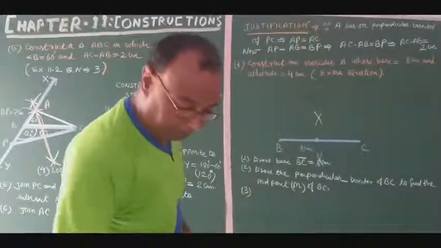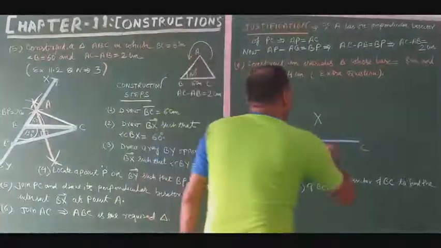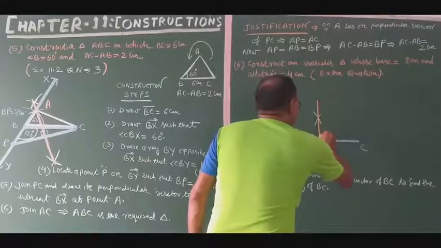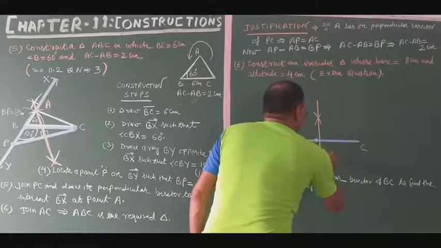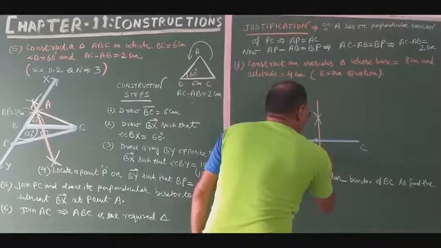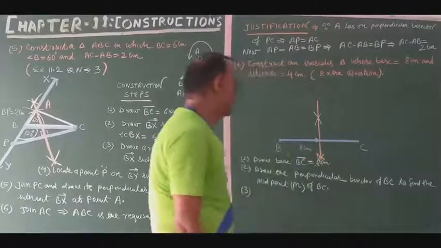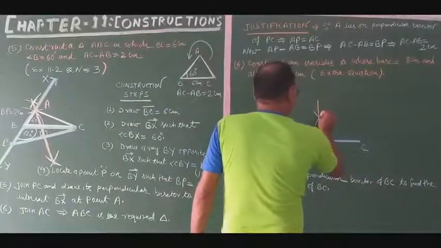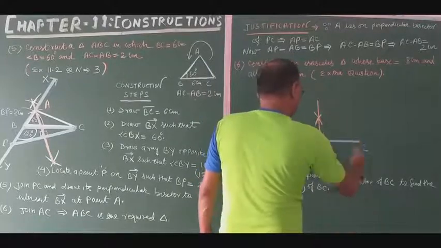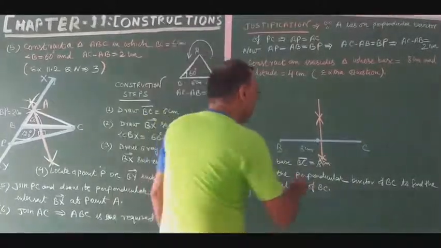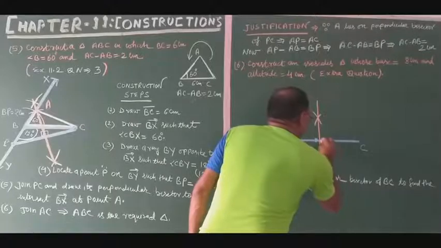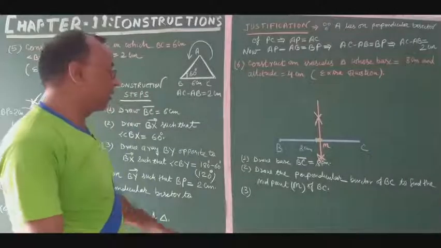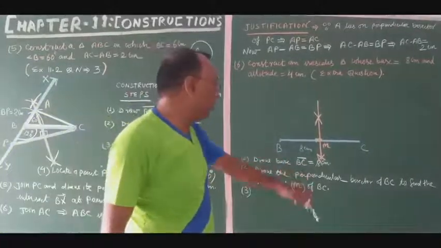And this is the perpendicular bisector. Is it there? Now, this is the midpoint M. We draw the perpendicular bisector of BC to find the midpoint M of BC.